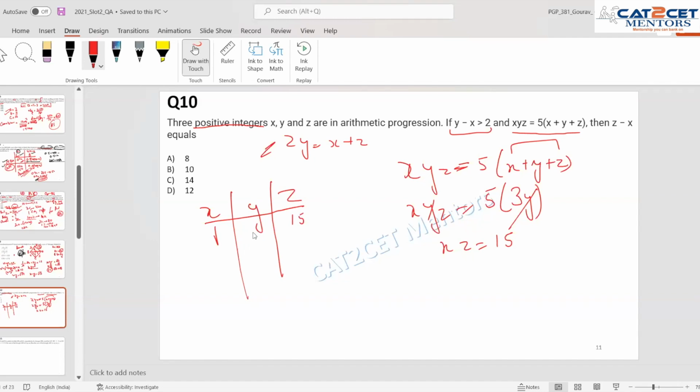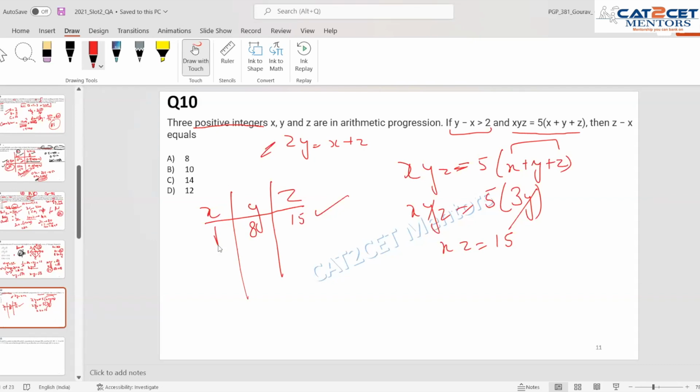So the value of y will be, in this case, this total common difference is 7, so it will be 8. Okay, and does this satisfy our condition y minus x is greater than 2? Yes. So this is a legal valid combination, and at this point we can get our answer, but for explanation purposes I will show you other methods.